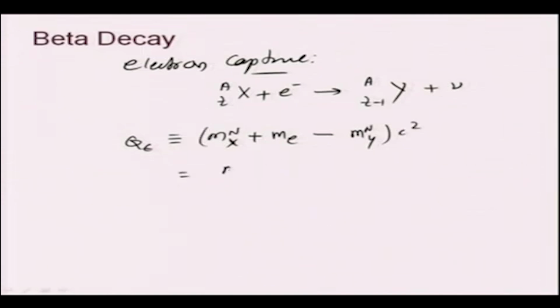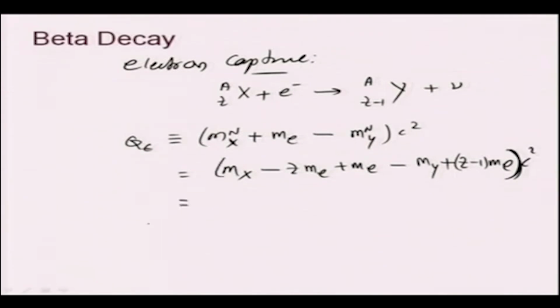So, that is equal to [mx atomic mass minus Z me plus me minus (my atomic mass minus (Z minus 1) me)] c². This is equal to (mx minus my, the atomic masses) c².